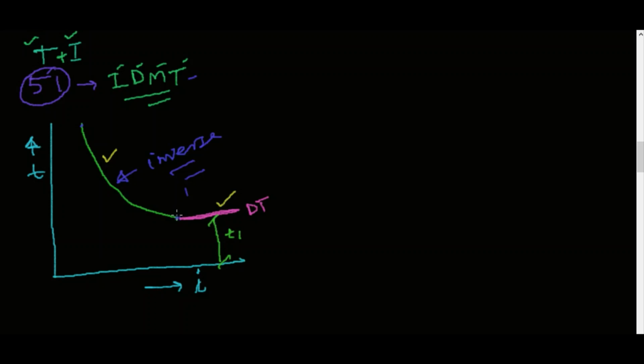So what is this point? This point is defined where the relay characteristic loses its inverse properties and the definite properties begin. It depends on the relay manufacturer. For some manufacturers it is 20 times, or 30 times, or 50 times the current.